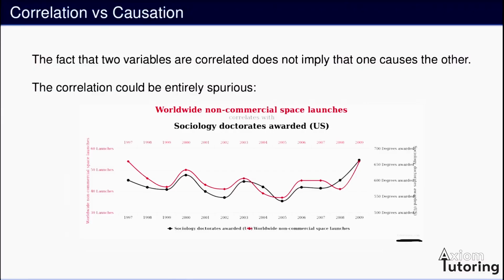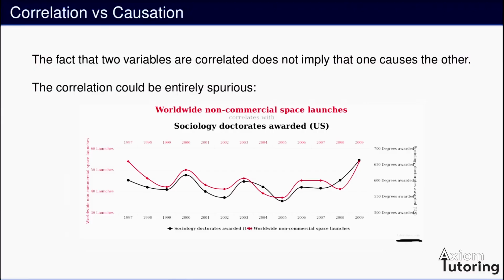So, for example, you'll see that over time, fertility rates have gone down in Western Europe, and the population of storks has also gone down. And for instance, you could say, well, there's a correlation between those two, so maybe there would be a causal relationship between them.